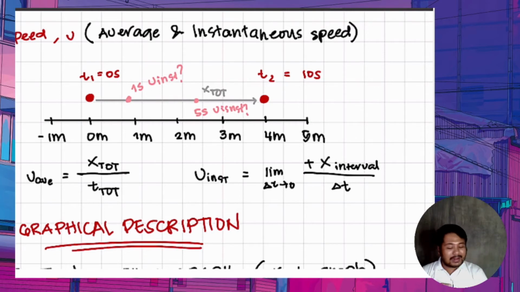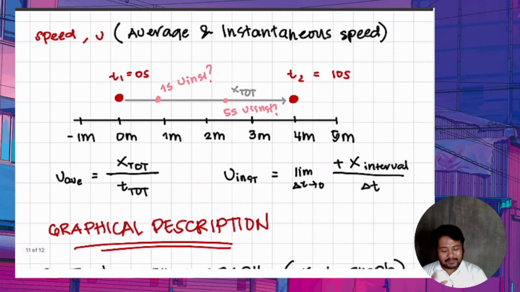Okay? So, saan natin nakikita yung average at saka yung instantaneous values na yan? So, in your car, you have a speedometer. That speedometer actually gives you your instantaneous value of speed, wherein every time na titignan mo ang speedometer ng sasakyan mo, it gives you the instantaneous value.